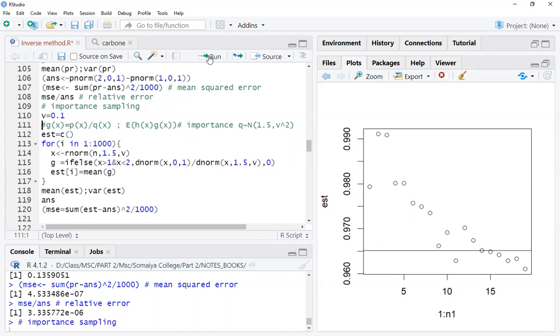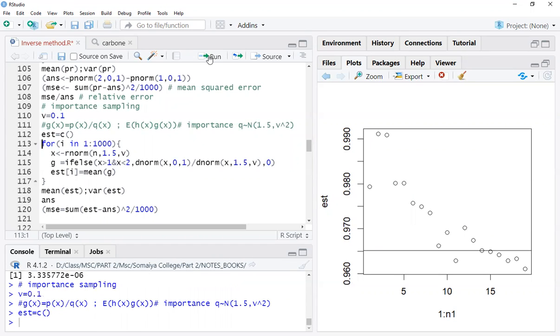So the first is V. We will be creating a loop. If you just observe, we are generating from your Q, right? Because we are generating from the Q. Q is your importance sampling. So the distribution of Q is 1.5.